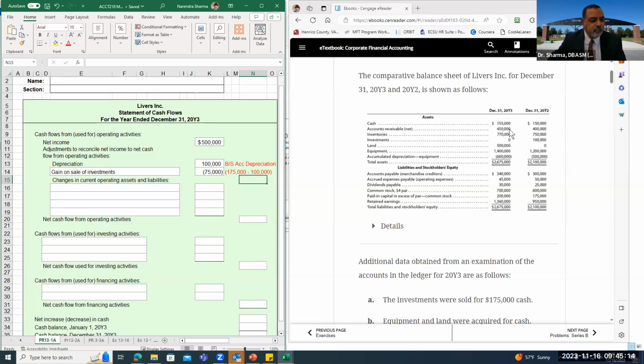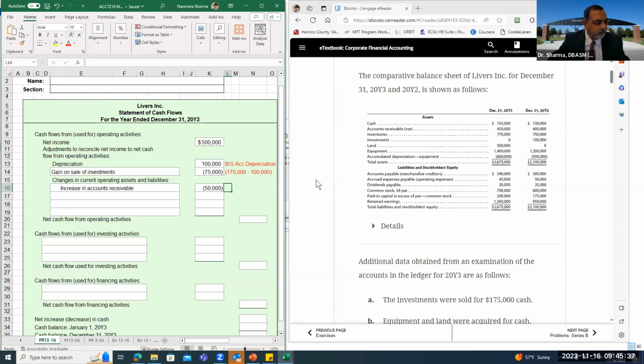If it increases, that means you would have used the cash. So the increase in accounts receivable will be taken as minus 50,000. Why are we taking minus 50,000? Again, I gave you a rule.